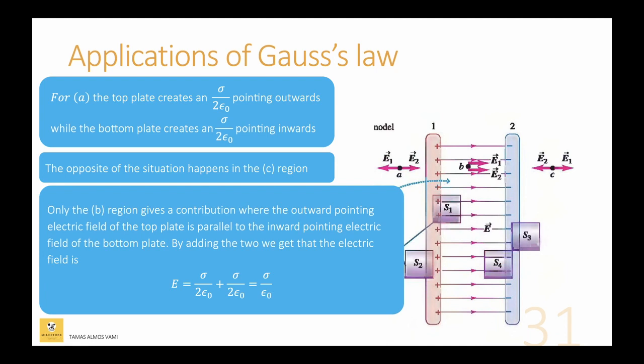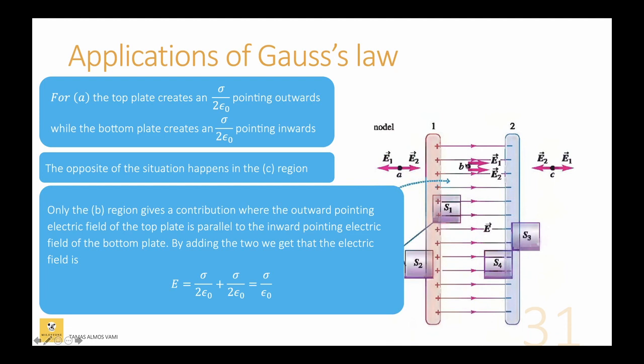In the B region, we have an electric field which is pointing outwards, and then the other one is pointing inwards towards the bottom plate. But that just means that they are actually pointing in the same direction. As we see, E1 and E2 are pointing in the same direction.